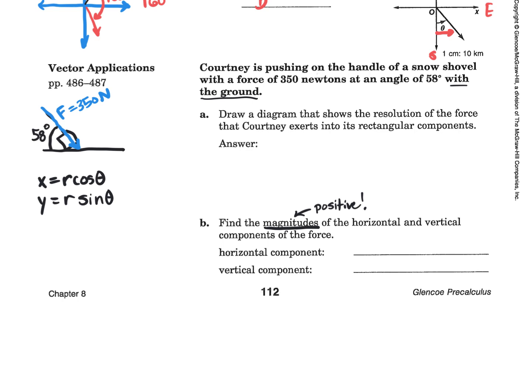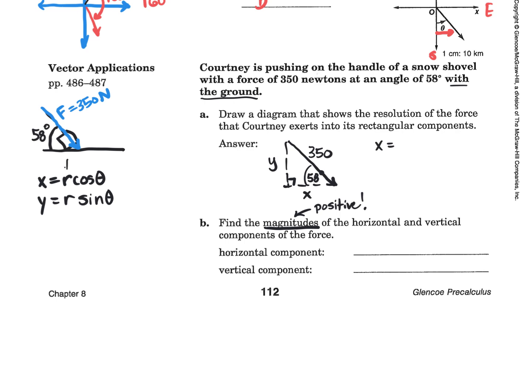So how do we figure out what this is going to be? Well, we think about it this way. If we've got this 350 here, what we're going to do is turn it into a right triangle. This is our x, and this is our y, and this is our angle. So our horizontal component, x, is going to be, what is the magnitude here? What is r? What is my resultant or my magnitude of this thing?